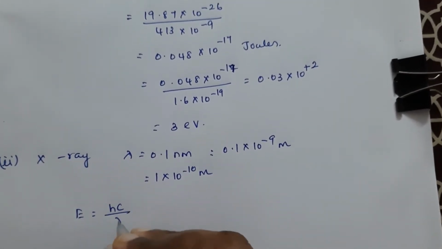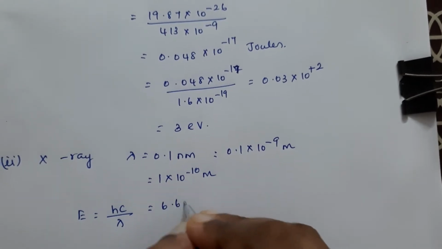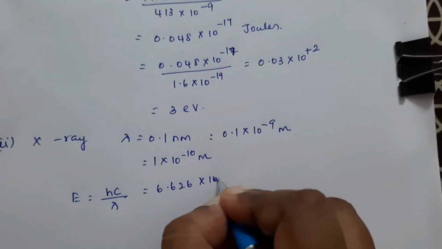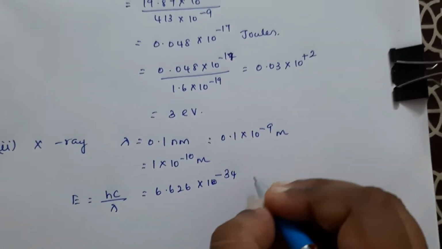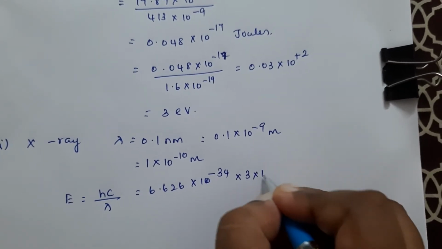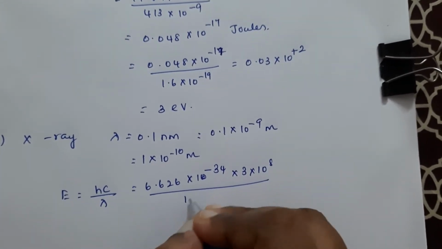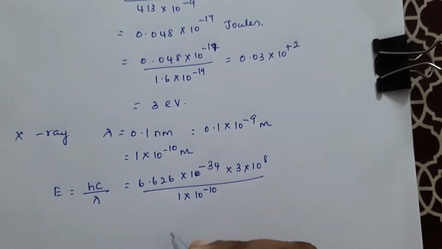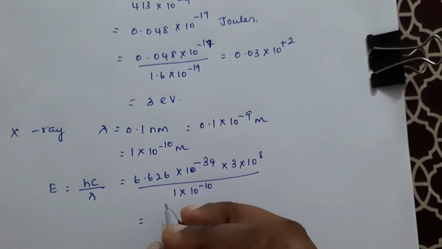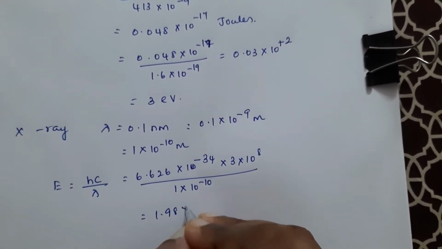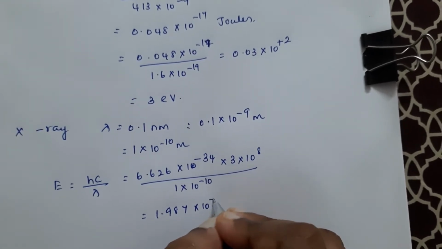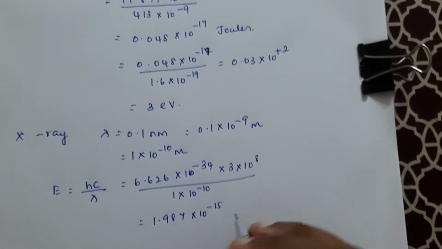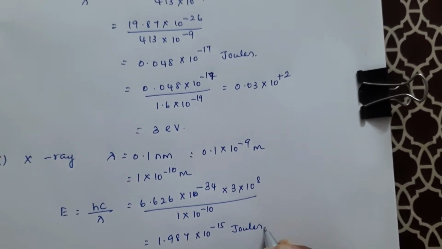E is equal to hc by lambda, which is 6.626 into 10 raised to minus 34 into 3 into 10 raised to 8 divided by 1 into 10 raised to minus 10. So you will be getting 1.987 into 10 raised to minus 15. This is in joules.